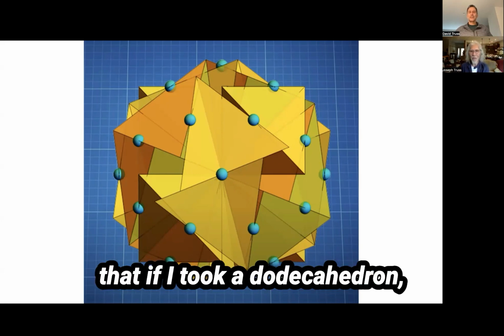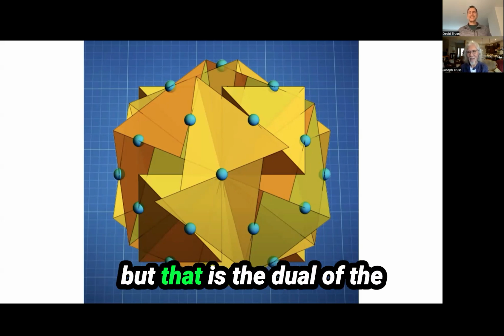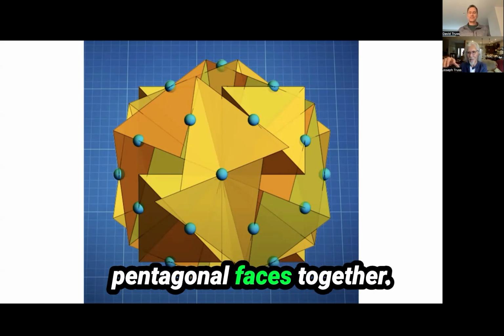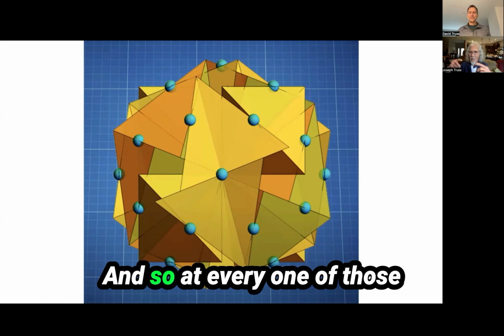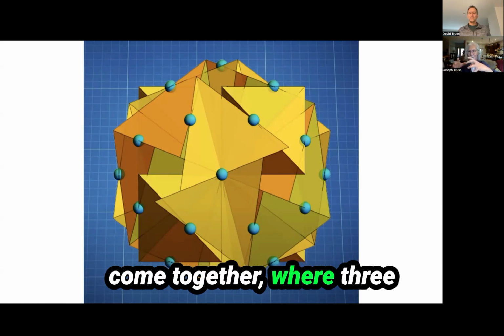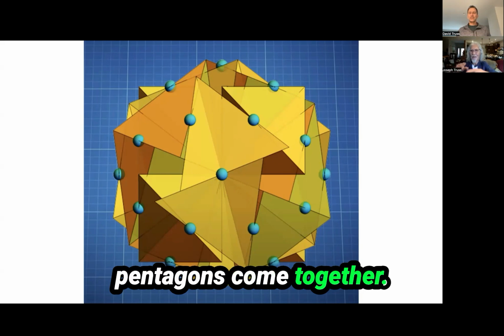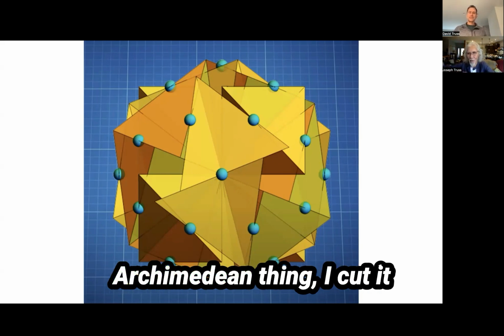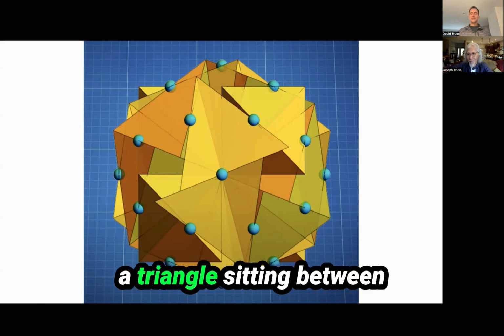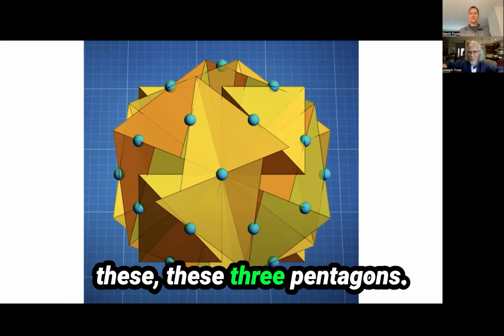So what's happening here is that if I took a dodecahedron, we haven't talked about that, but that is the dual of the icosahedron, which is 12 pentagonal faces together. And so at every one of those pentagonal vertices, 3 edges come together, where 3 pentagons come together. If I cut that off, it's called an Archimedean solid. I cut it off at a certain level, I get a triangle sitting between these 3 pentagons.